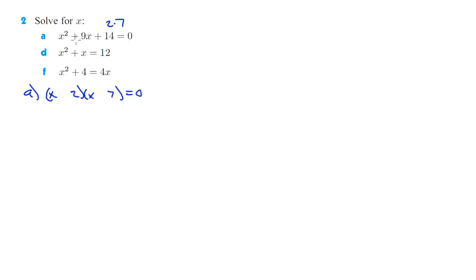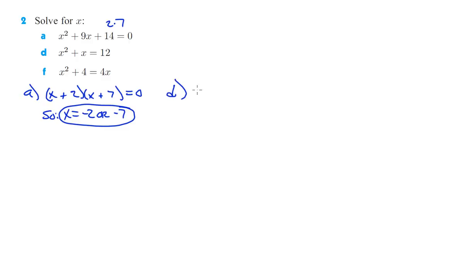These two numbers have to add up to 9, so it's positive 2 and positive 7. So we want to know when this is going to equal 0. So we have to make this equal to 0 and this equal to 0. So x has to equal negative 2 plus 2 gives us 0. And negative 7 plus 7 gives us 0. So x equals -2 or -7.